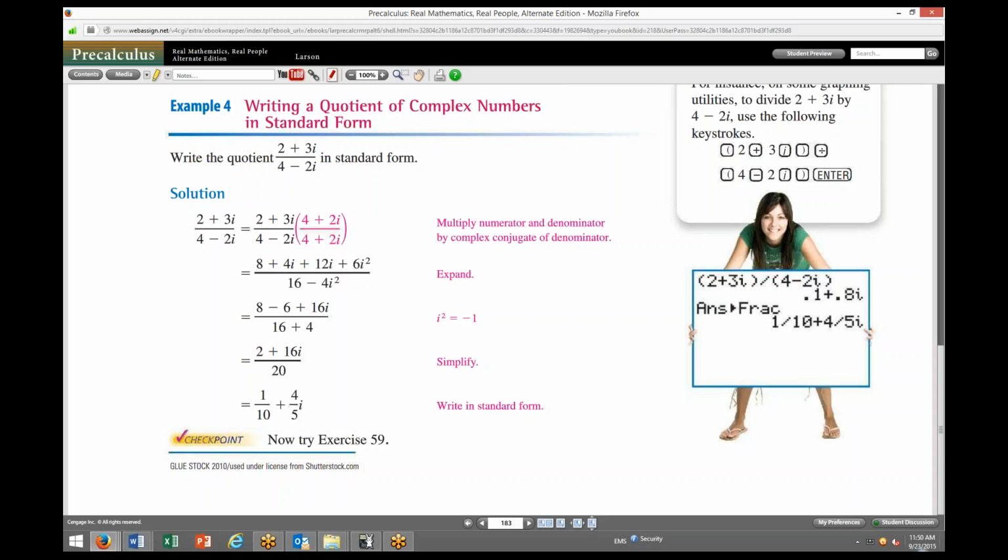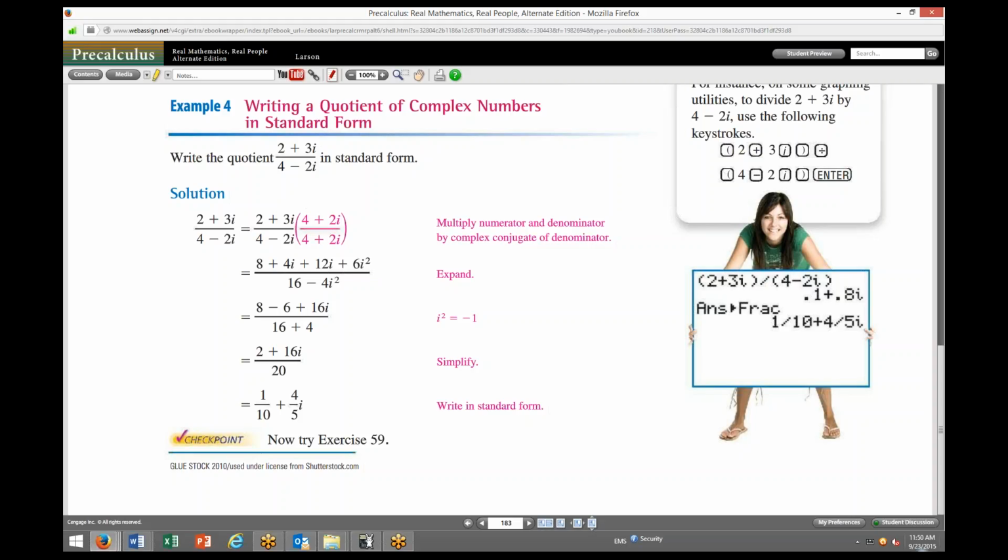Well, this is the technique. In order to accomplish this division, what we do is multiply both the top and the bottom of the fraction by the conjugate of the denominator. It's always the conjugate of the denominator, never the conjugate of the numerator.